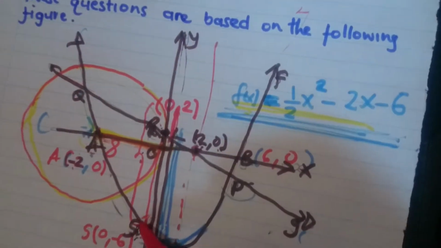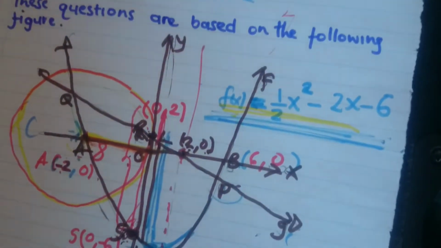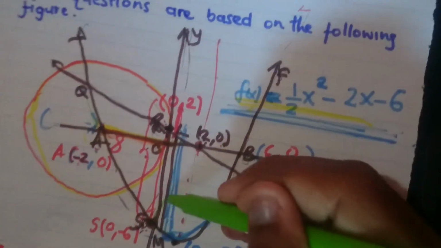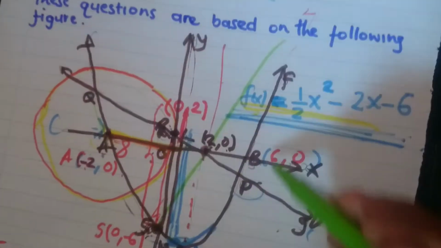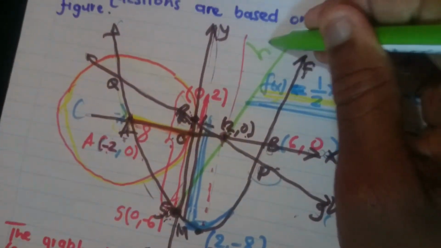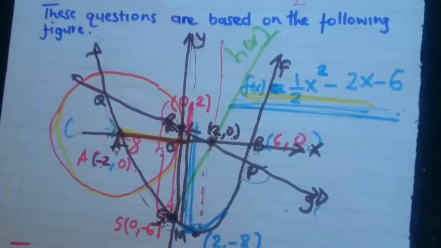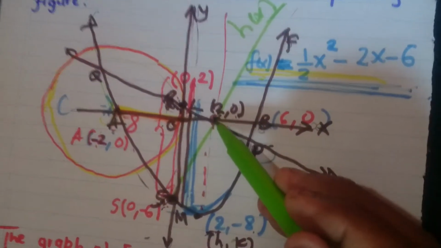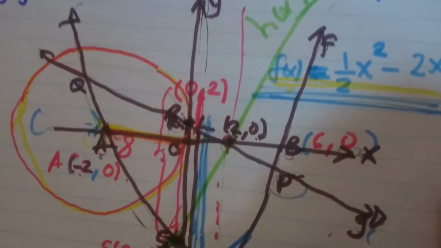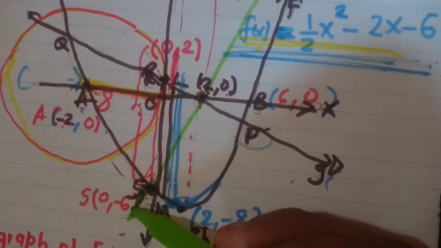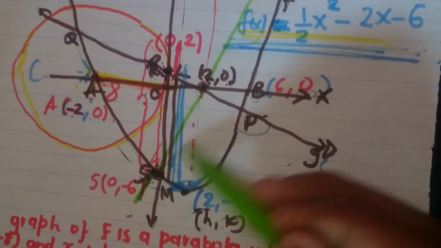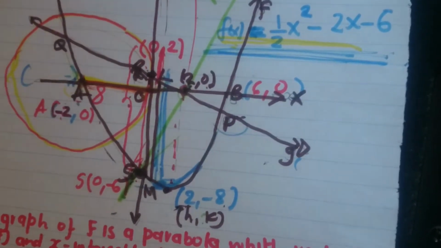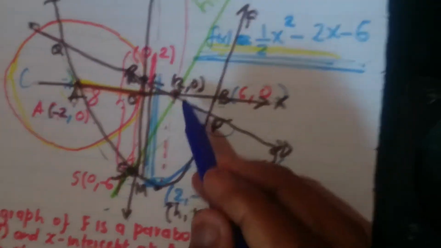Look, this is G, so H must go like this. Let me use another color, the green quickly. So H is going to come like this, because it is perpendicular to G. This is G, this is H, so it's going to be H of X. There's no guarantee it's going to catch here, but I know it must pass through S. Maybe it might be like this, or like this. I think this is not so right. This line should be like this, because they didn't say it's going to pass through the intercept.